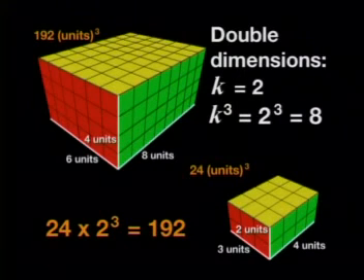Great! This fits our rule. The k value of 2 was cubed to get 8. So the volume of 24 was multiplied by 2 cubed to give a new volume of 192 cubic units.